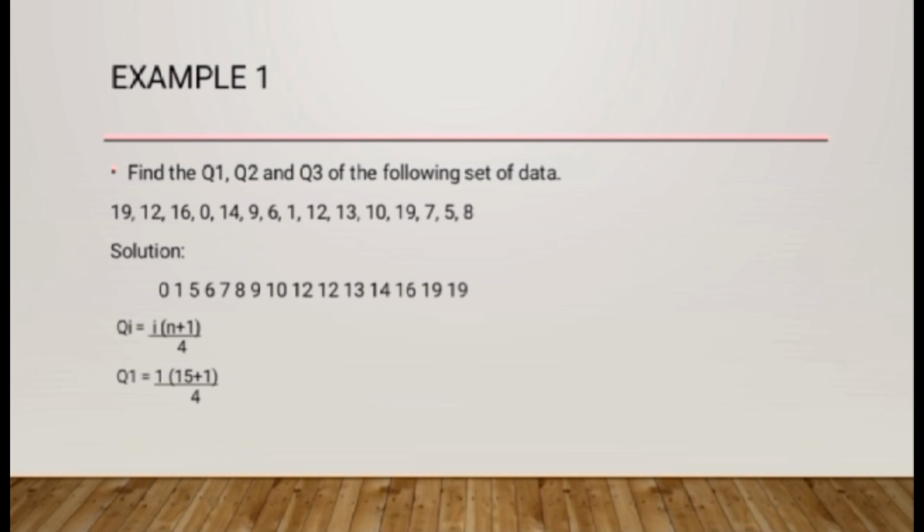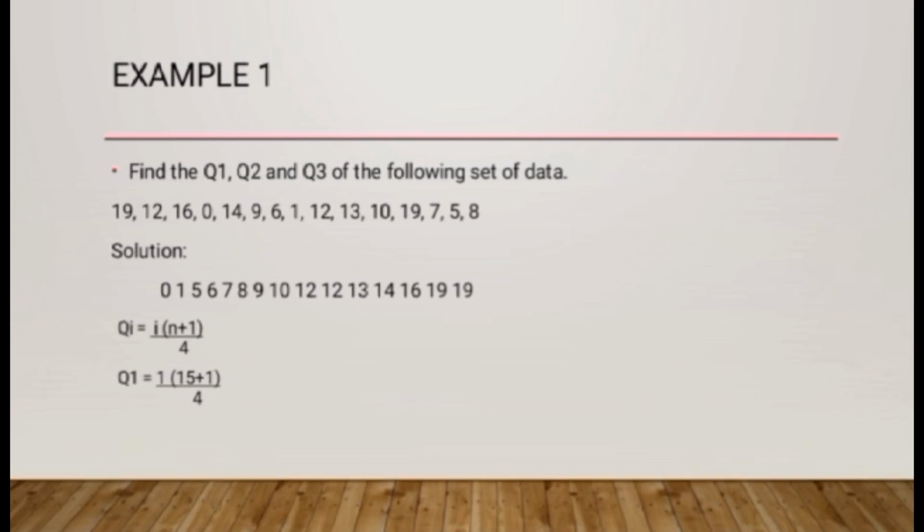So our n is 15 because we have 15 samples. So Q sub 1 equals 1 times 15 plus 1 over 4, that will be Q sub 1 equals 16 over 4. So isi-simplify natin: 16 divided by 4 equals 4. So meaning our quartile 1 is the fourth data.